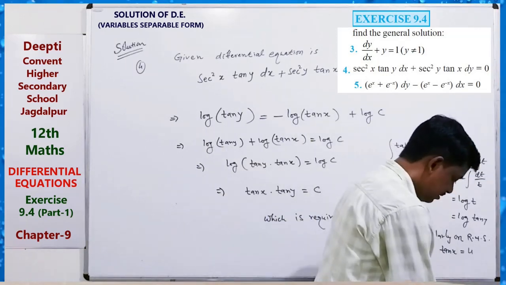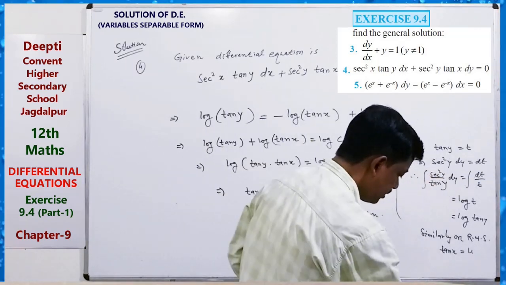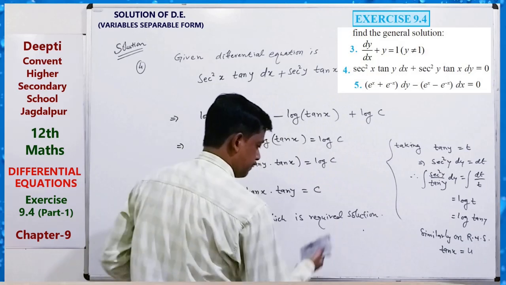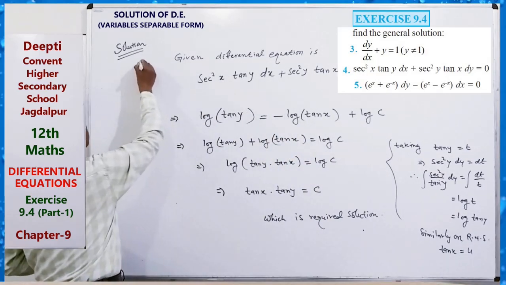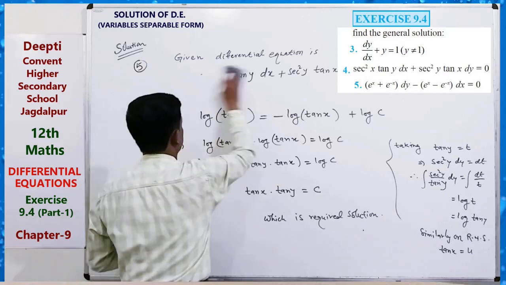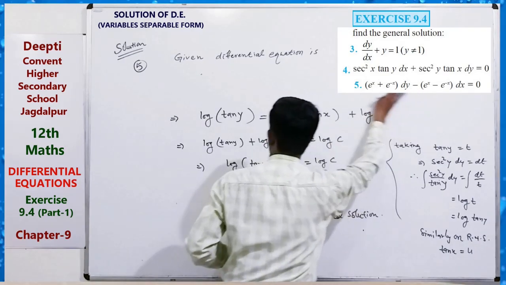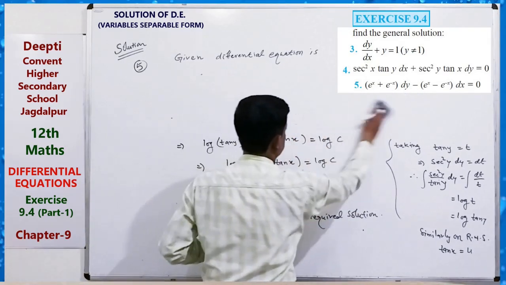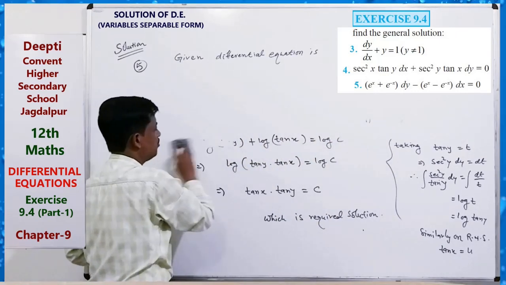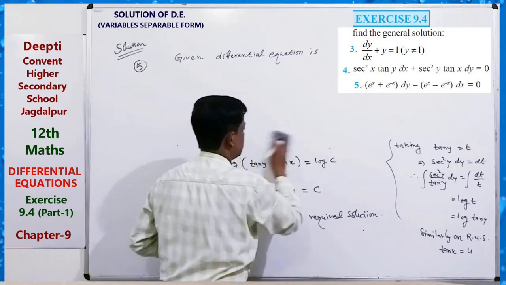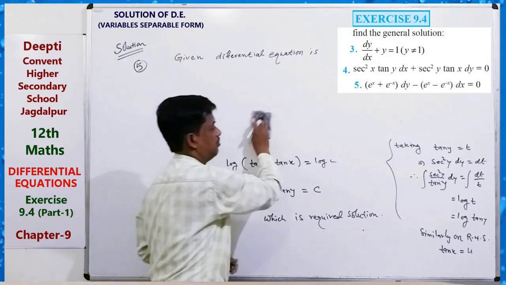Okay, now we can take question 5. Here, question 5 can be solved also by separating, because this chapter is completely related to separable form. So the given differential equation is in separable form.